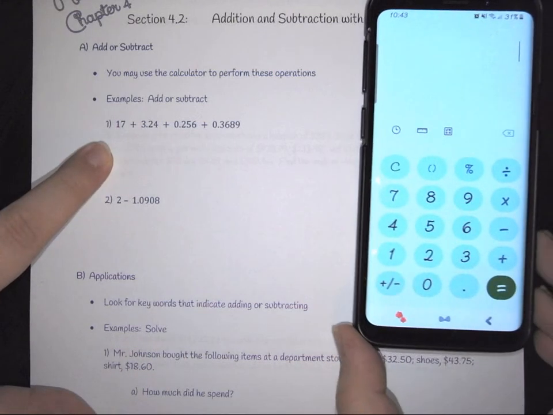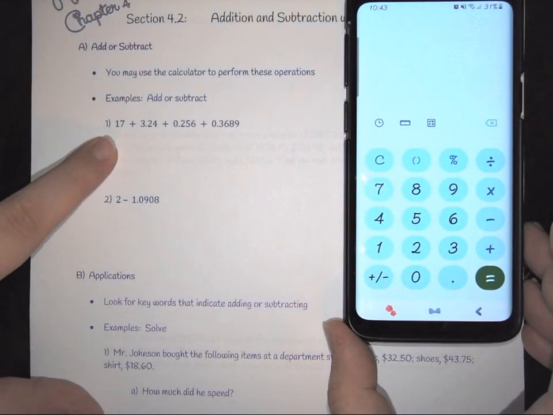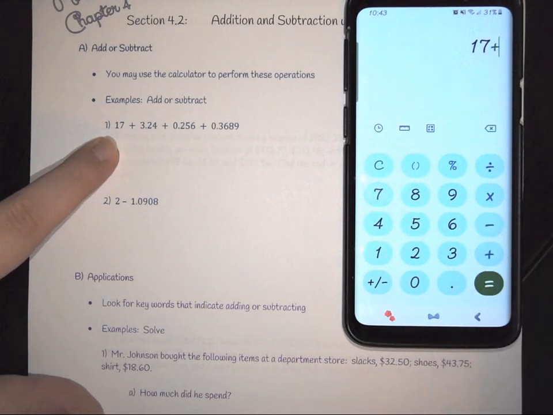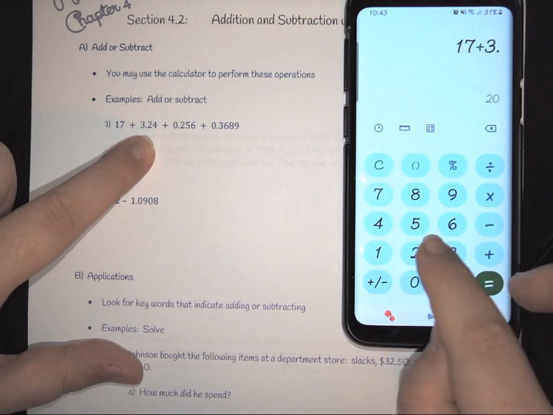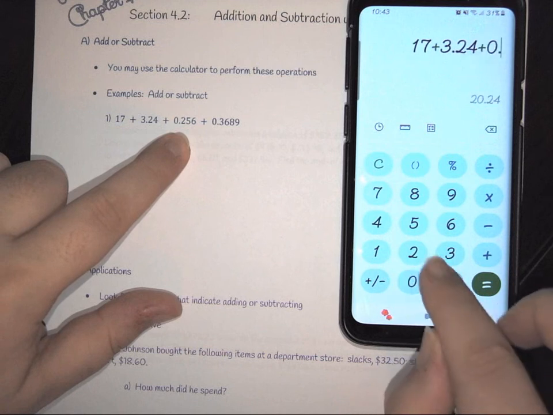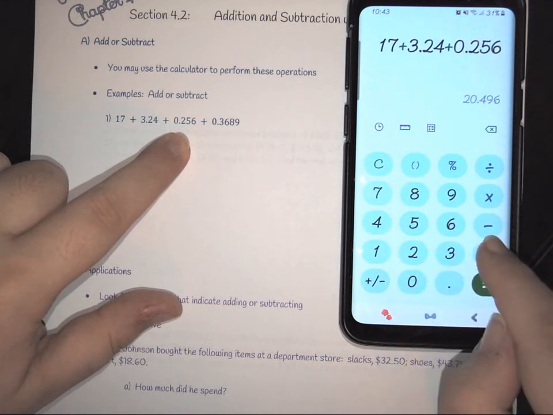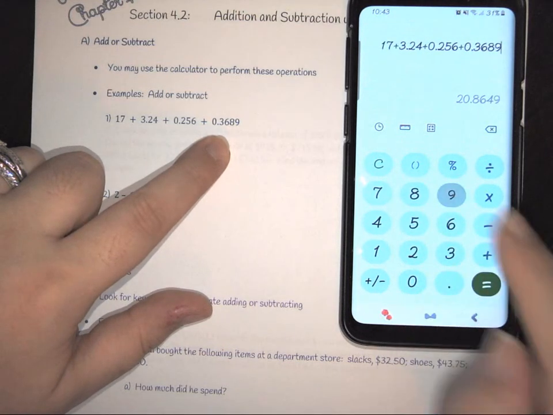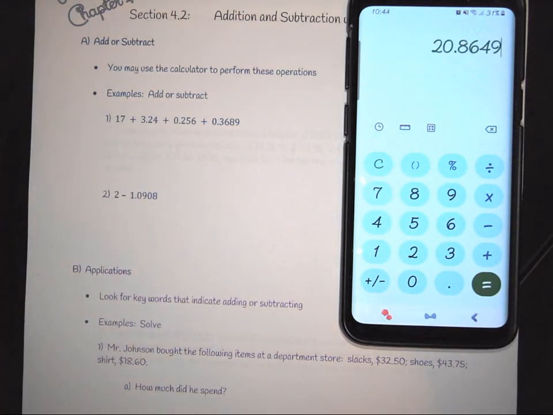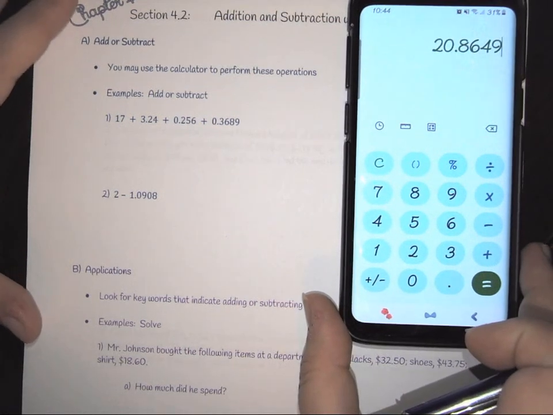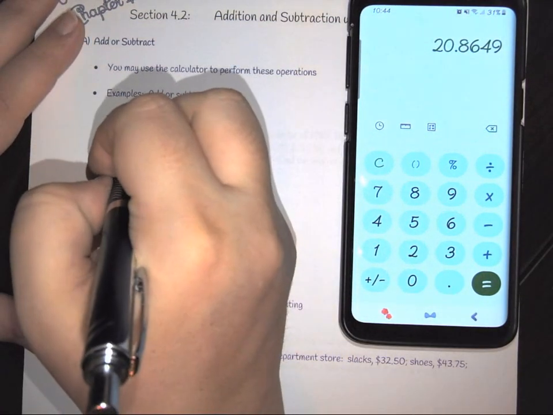So here I'm going to use my calculator and I want to add 17 plus 3.24 plus 0.256 plus 0.3689 and hit enter. The biggest thing I can tell you is that whatever you see in terms of your decimal answer is the answer that you should write down.